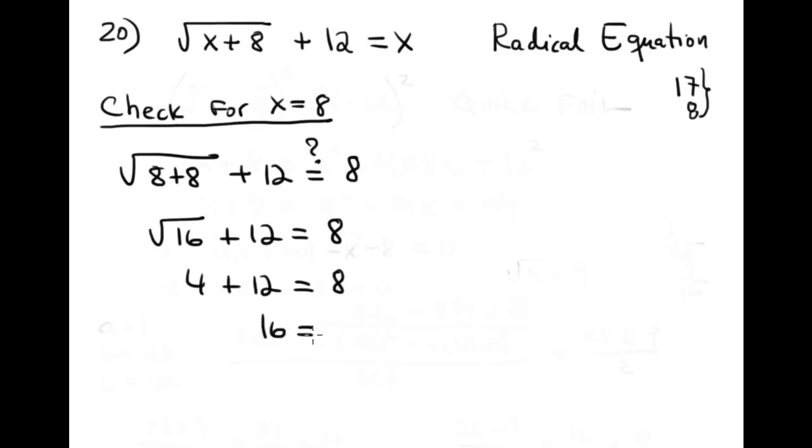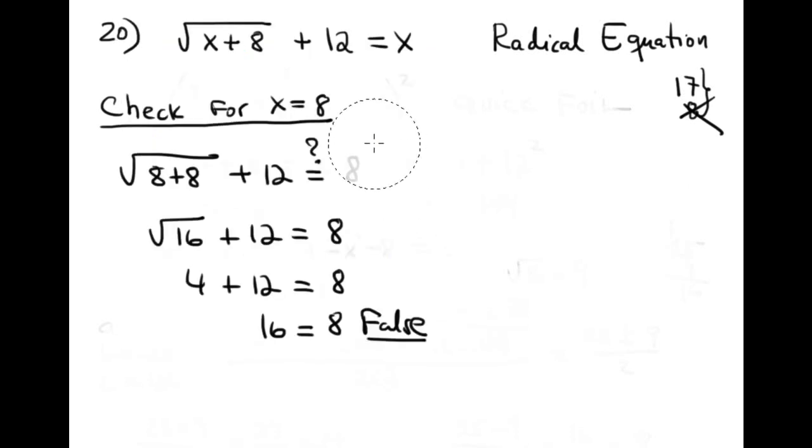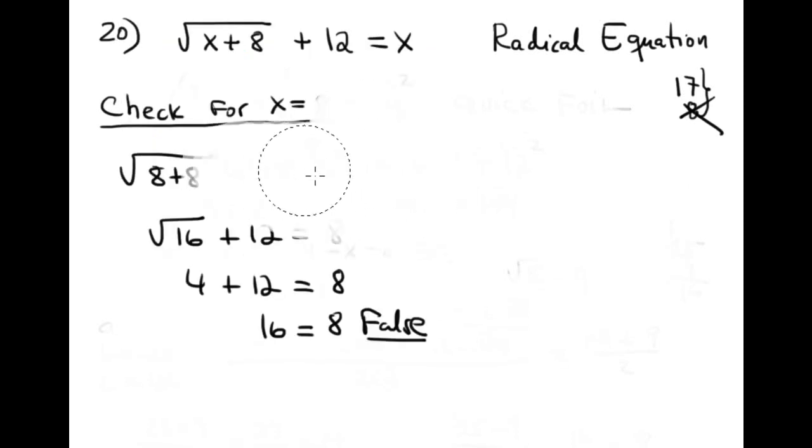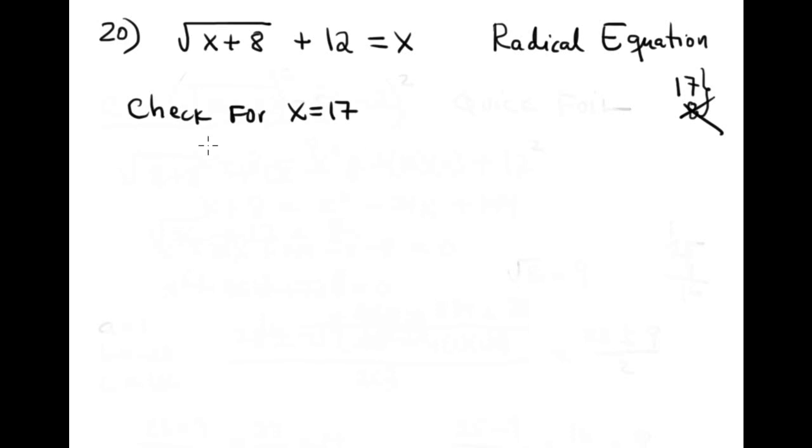Then 16 is completely different to 8. This statement is false. Then the solution 8 doesn't work. Let's check for 17. Check for x equals 17.